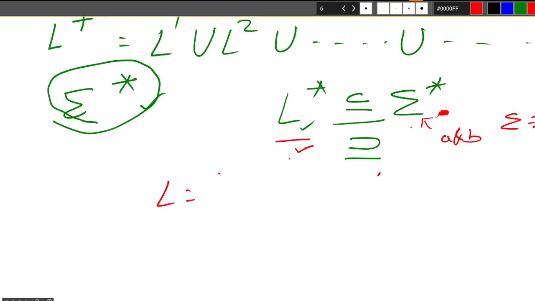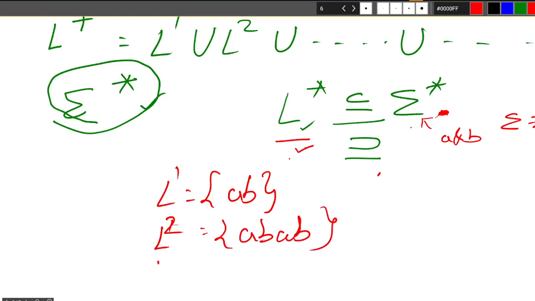Suppose your L has a set of strings, suppose A and AB. Okay, let me make it simple, only AB. If you are performing L star, it means you will have L1, which is AB, L2, which is ABAB, L3, which is ABABAB, and so on.